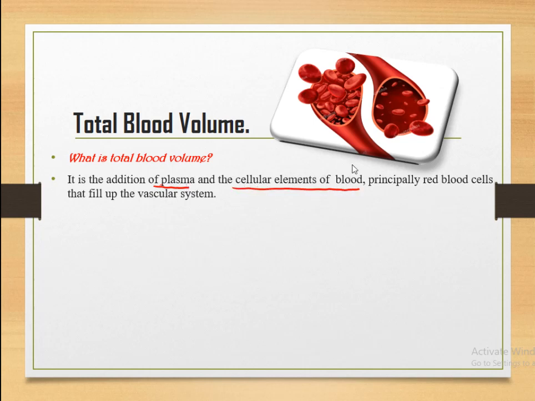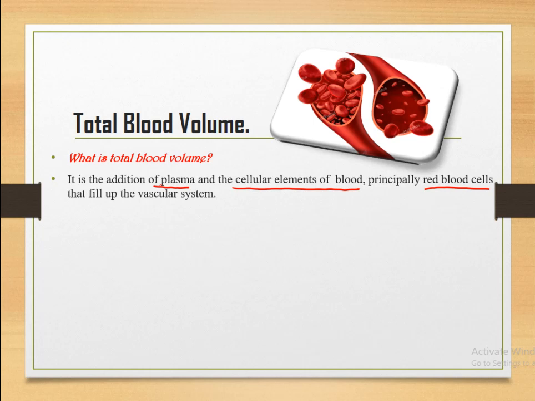When we talk of the cellular component of blood, in most cases we simply talk about the red blood cells. But the fact is that it's not only the red blood cells which make up the cellular component of blood. Instead, we also have other cells such as the white blood cells.